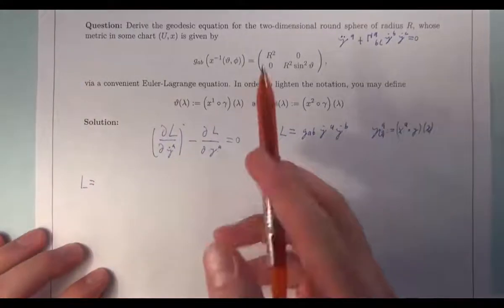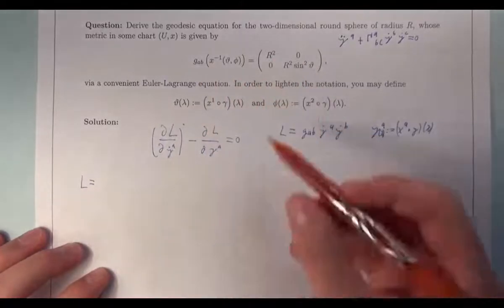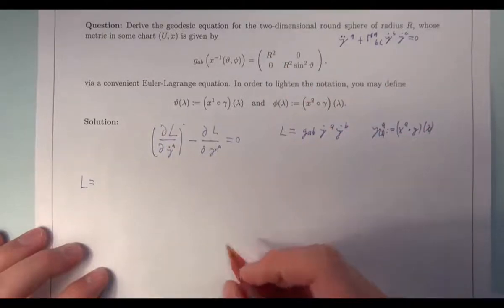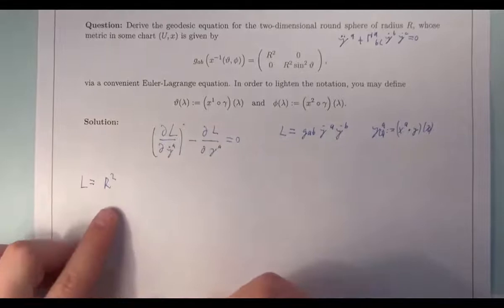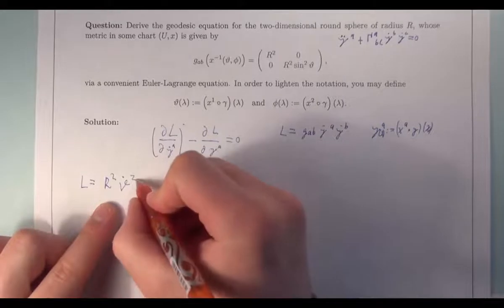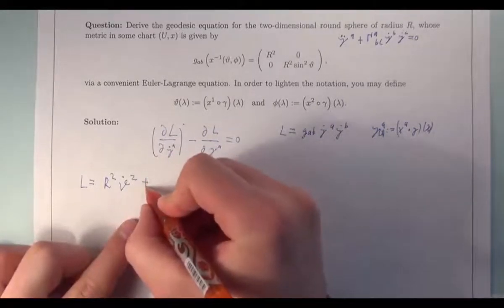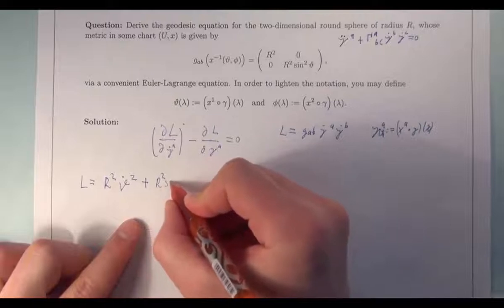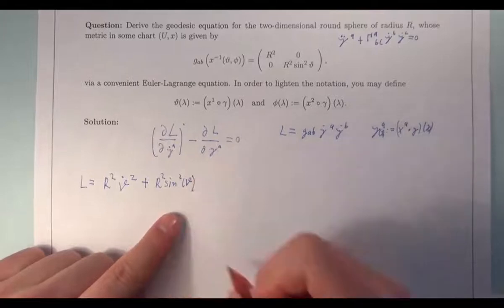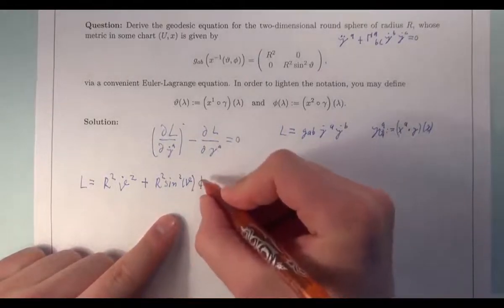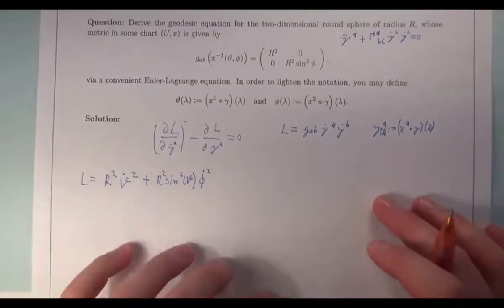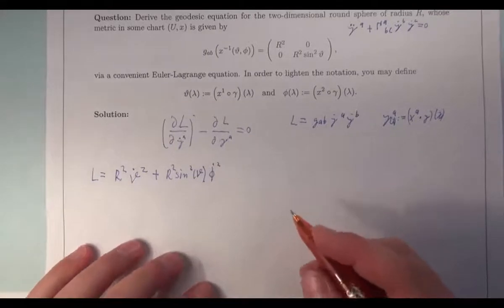L equals G a b, so it only appears if the two indices are the same, because it's diagonal: r squared times theta dot squared plus r squared times sine squared of theta times phi dot squared. This is the expression we have to calculate the Euler-Lagrange equations for.